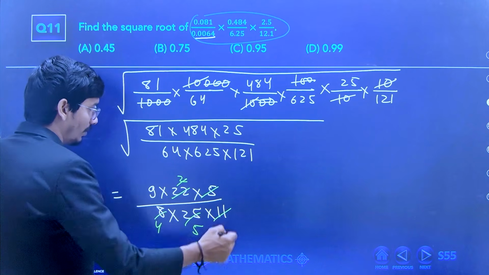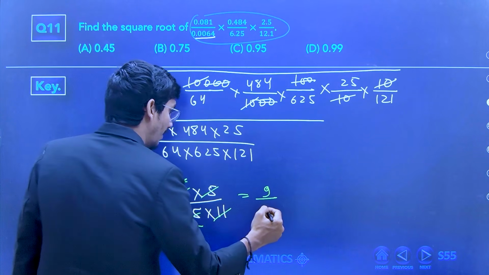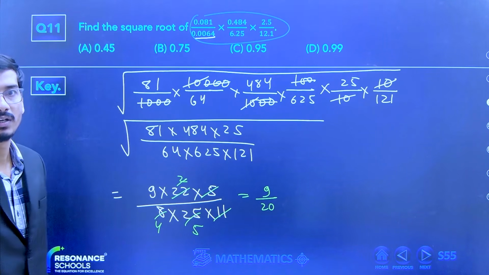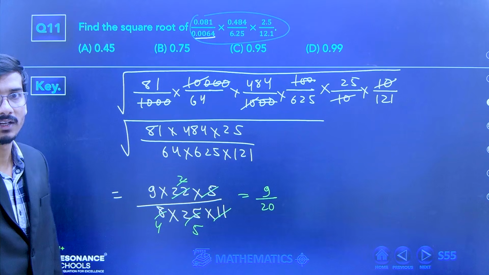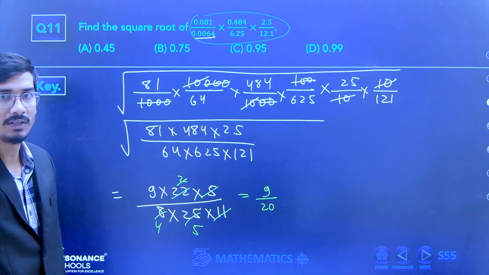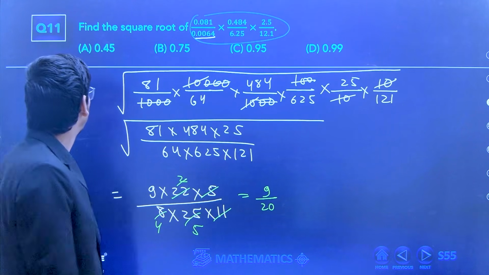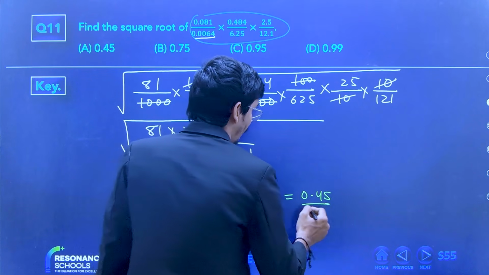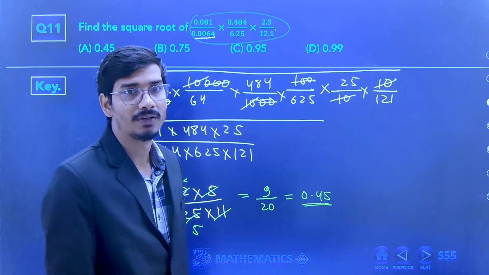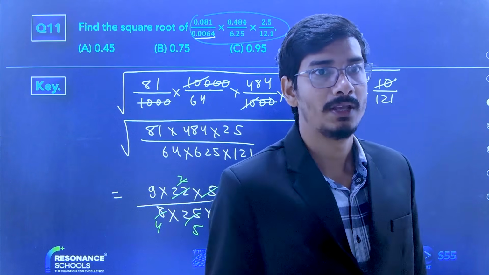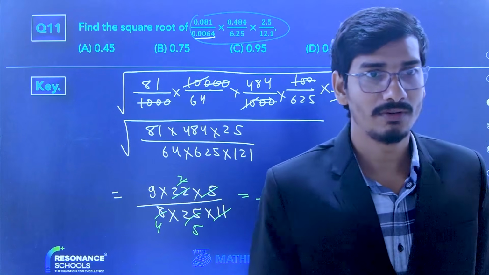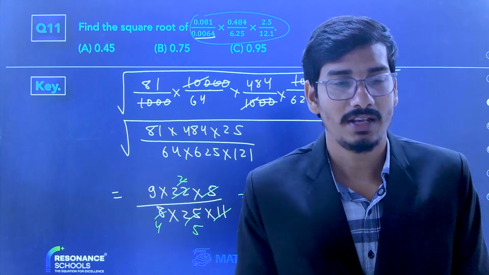So it's 9 by 20. When we divide 9 by 20, we will get 0.45. Yes, A is the correct one. Done.